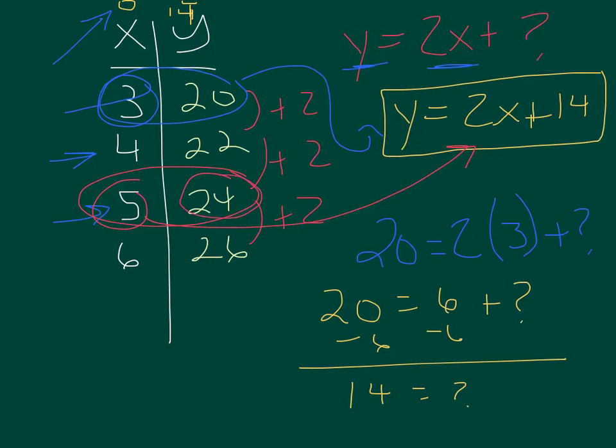Let's try another one. So now I have x and y, maybe x is 100, 101, 102, 103, and y is maybe 20, 30, 40, and 50.